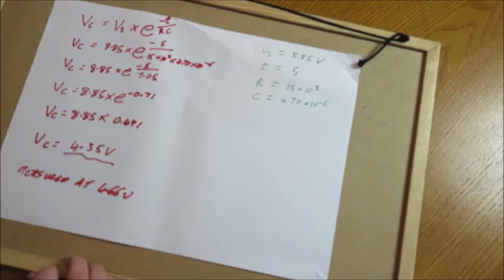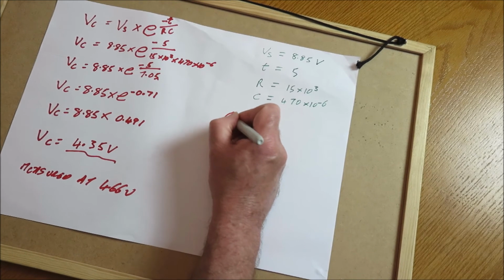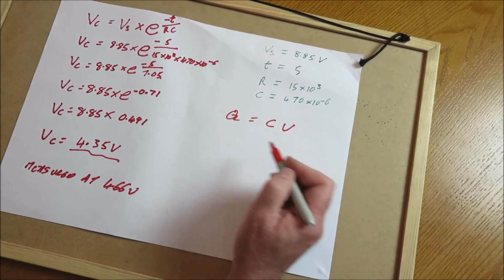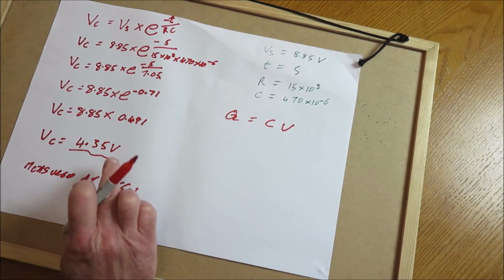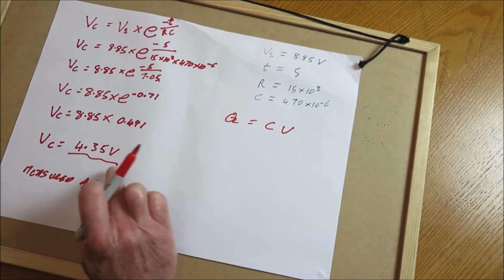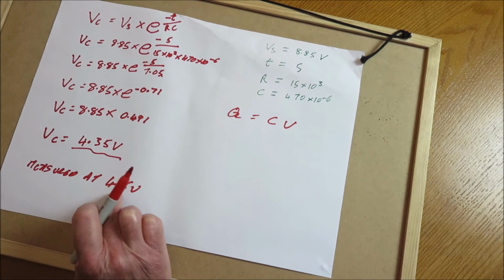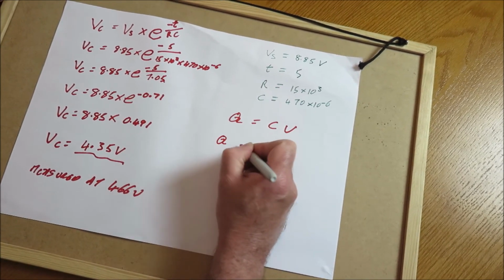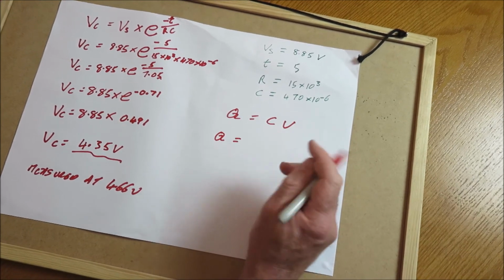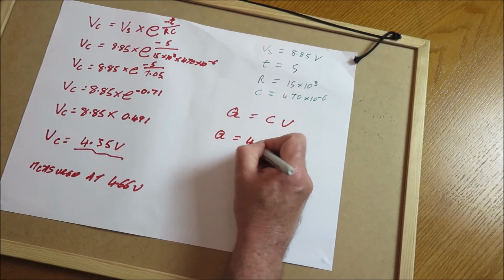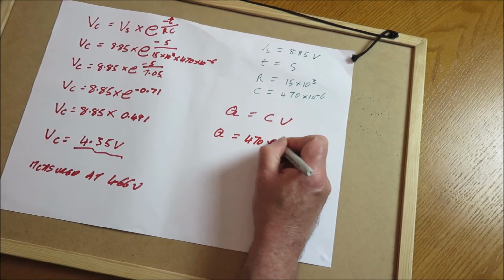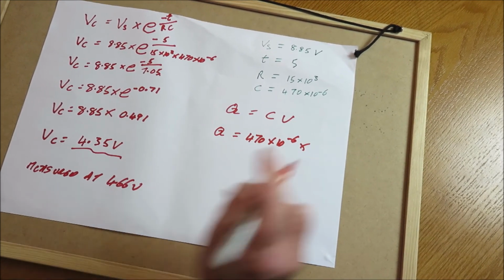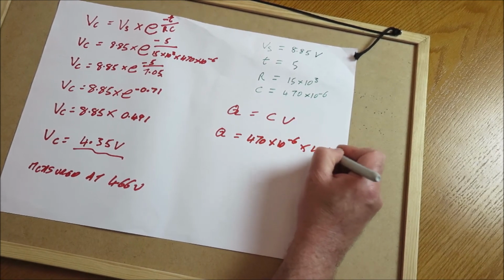Now, we did mention another formula as well. Q is equal to CV. So it would be nice to see at this voltage what sort of charge is there. So we actually measured 4.66 volts. So we can say Q is equal to the capacitance, which is 470 times 10 to the minus 6, times the voltage at that point, 4.66.